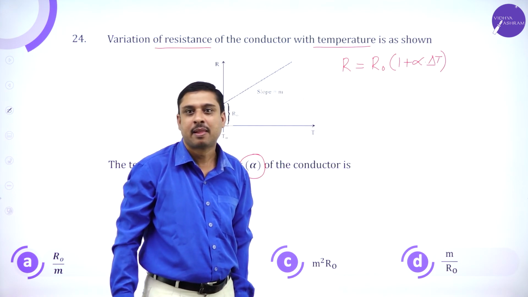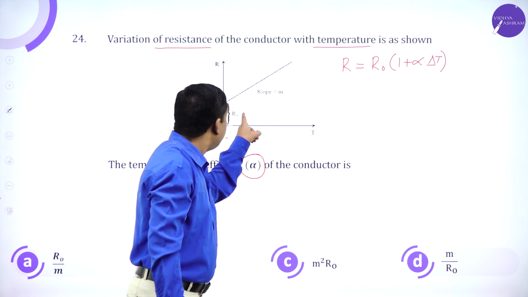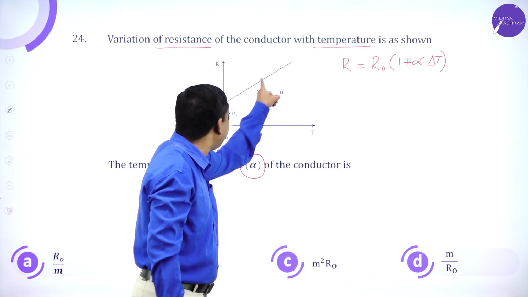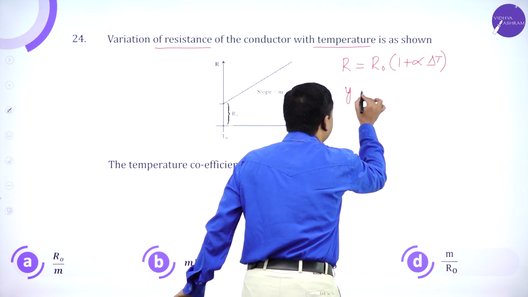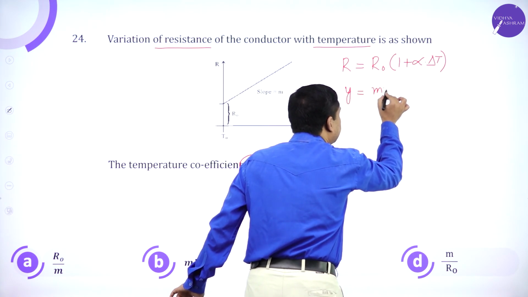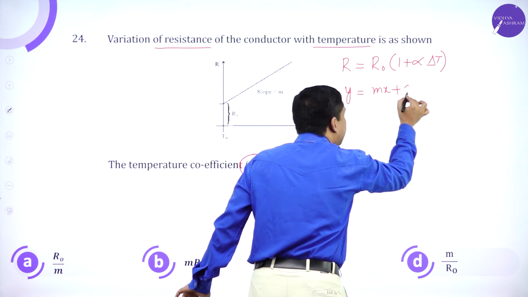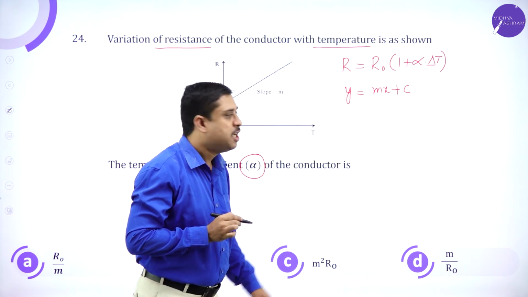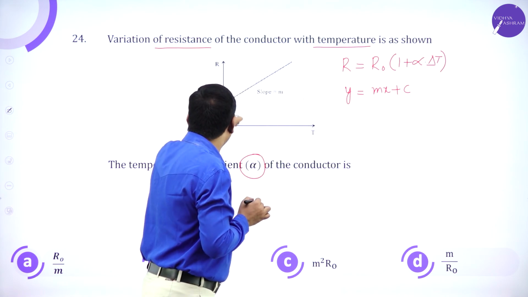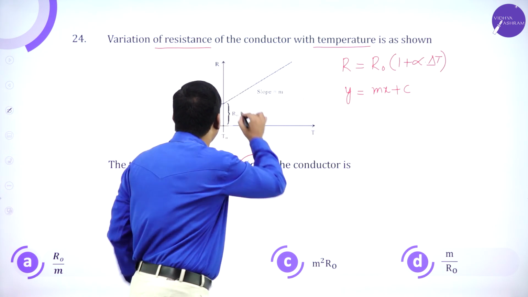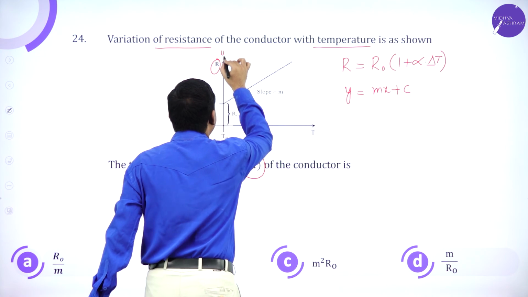Now, from the given graph, ಇಲ್ಲಿ straight line variation ತೋರಿಸಿದ್ದಾರೆ. So for a straight line, y is mx plus c. So if I compare this equation with the graph, along the y-axis they have plotted resistance.